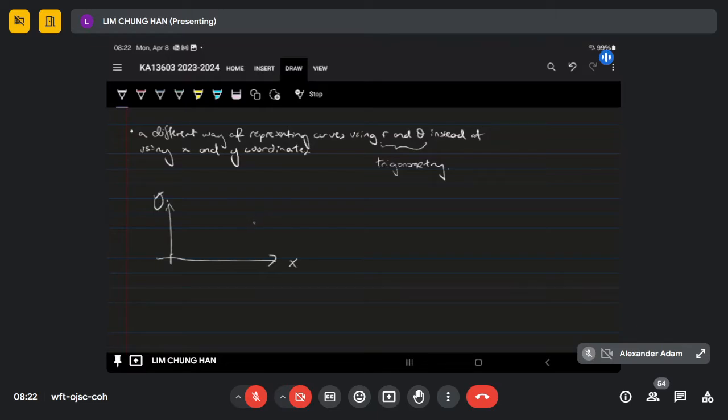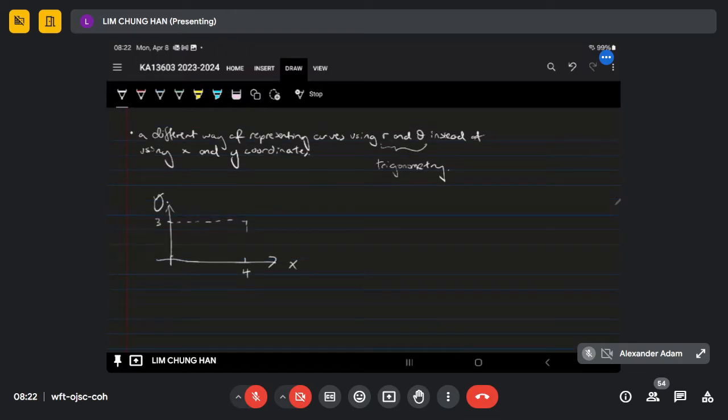Let's say it's 4 and 3. So the coordinate, as you know, this thing you must know, the x and y coordinate, is 4, 3.